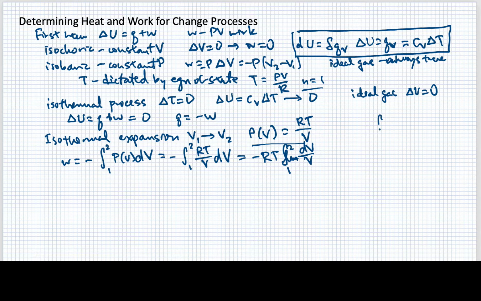Now, hopefully you remember from calculus that whenever you have an integral that looks like this, the result is the natural logarithm of x.